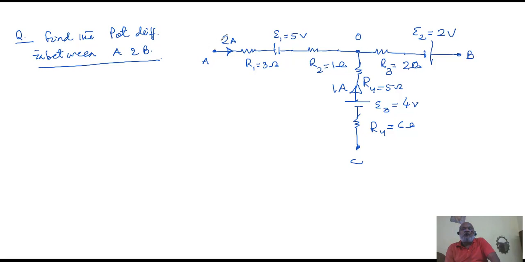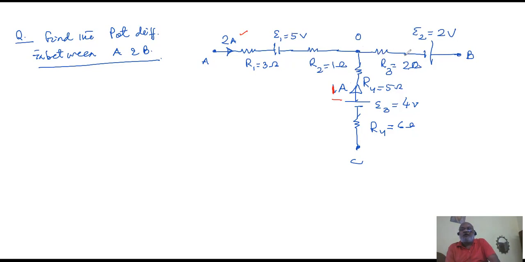But we have shown the portion of a network, and the current in the path AO is given to be 2 ampere. The current in the path CO is given to be 1 ampere.